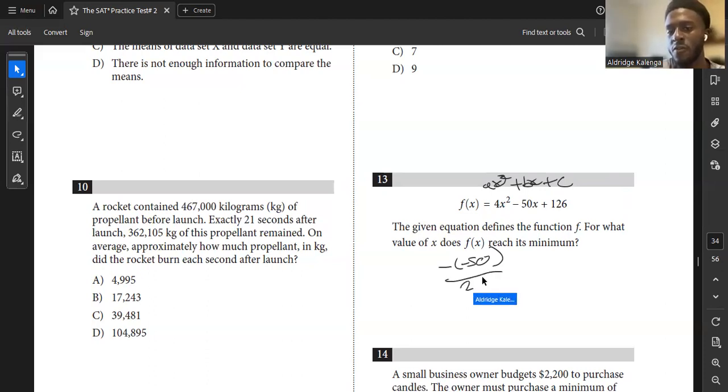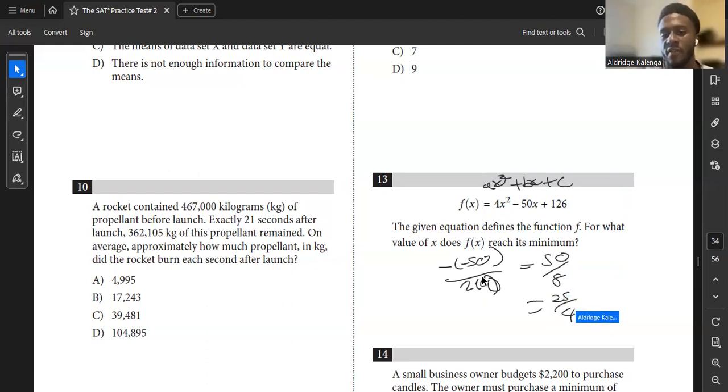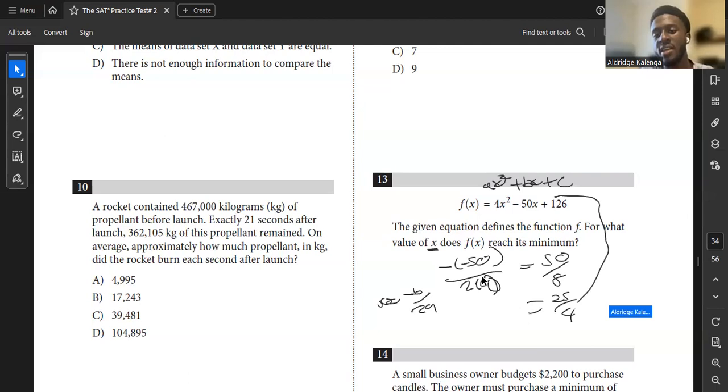A is 4, so 2 times 4, which is 8. So we have 50 over 8, which is the same as 25 over 4. So that's the value of x. The value of x is just going to be negative b over 2a. And if you want to find the y value, you just substitute this back in there, so f of x will give you y. But yes, you're correct. It's negative b over 2a.